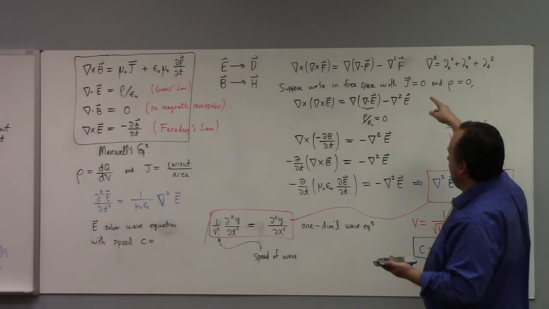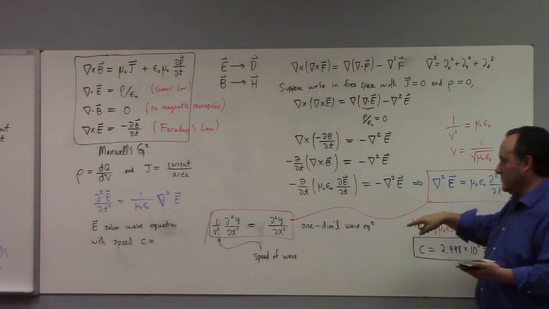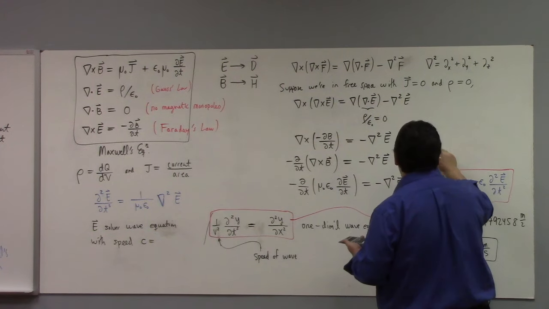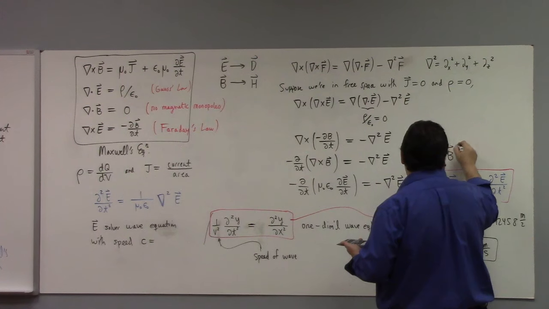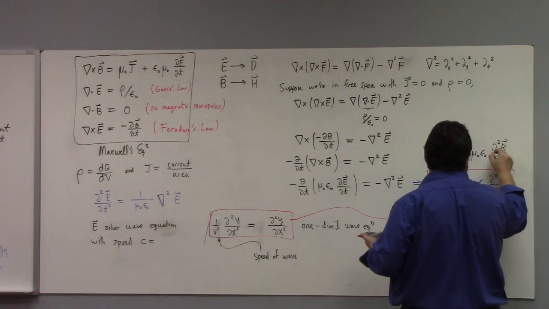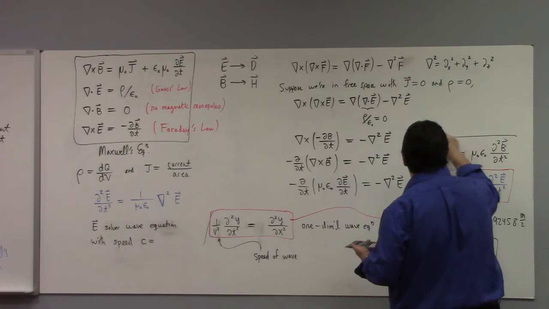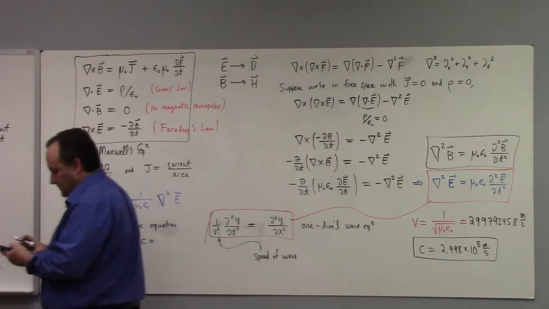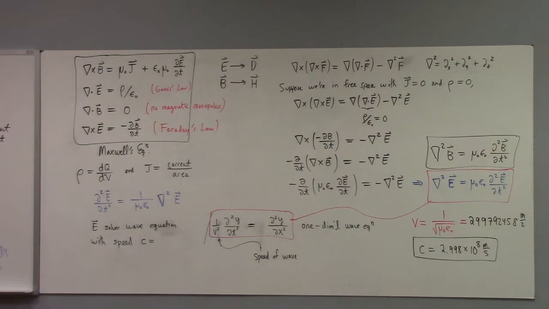Now, there's a very similar calculation which shows that it is also true that nabla squared B is equal to mu naught epsilon naught times the second partial derivative of B with respect to t squared. This turns out to be true through a very similar calculation to the one I shared with you.